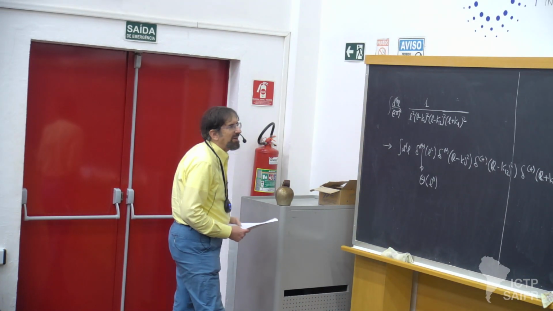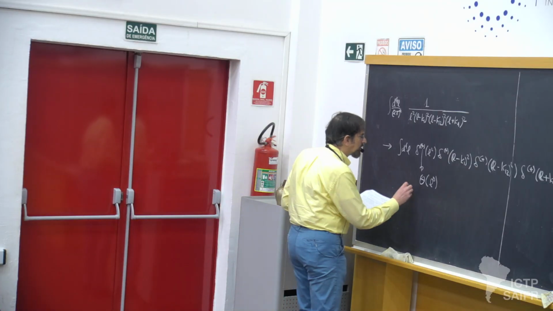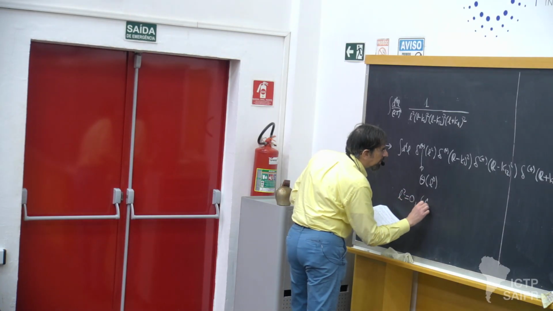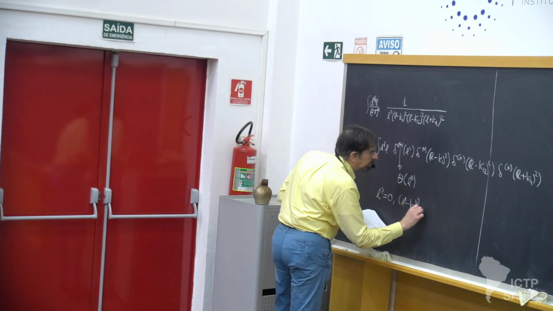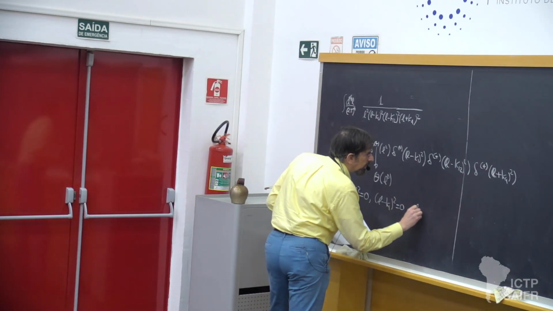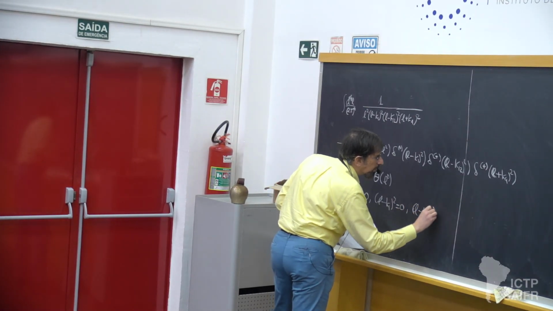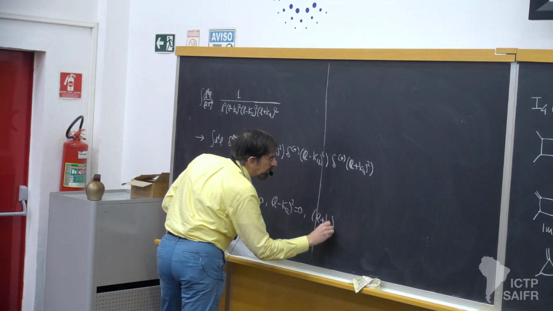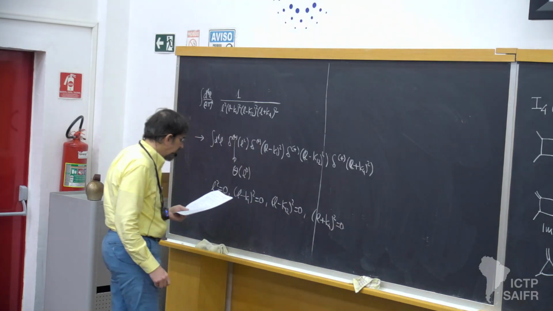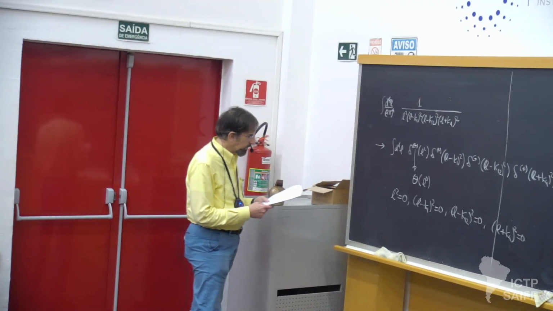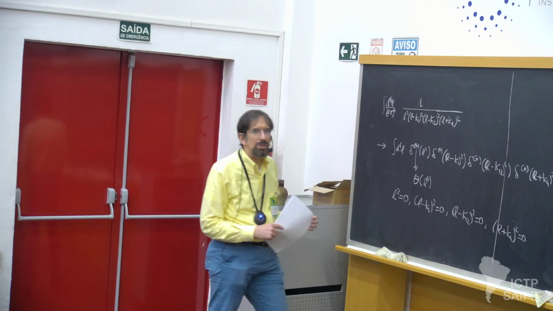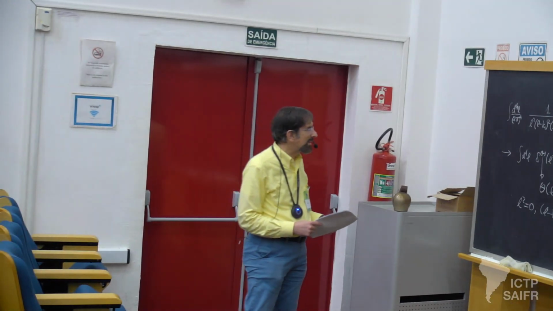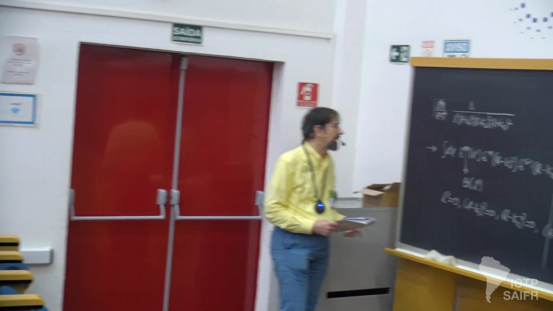So, well, this is a very fancy thing to write down, but really what it's telling us to do is that we have to solve the simultaneous equations, L squared equals 0, (L minus K1) squared equals 0, (L minus K1 minus K2) squared equals 0, and (L plus K4) squared equals 0. So in general, the number of solutions to equations beyond linear in multiple variables is a very complicated question.